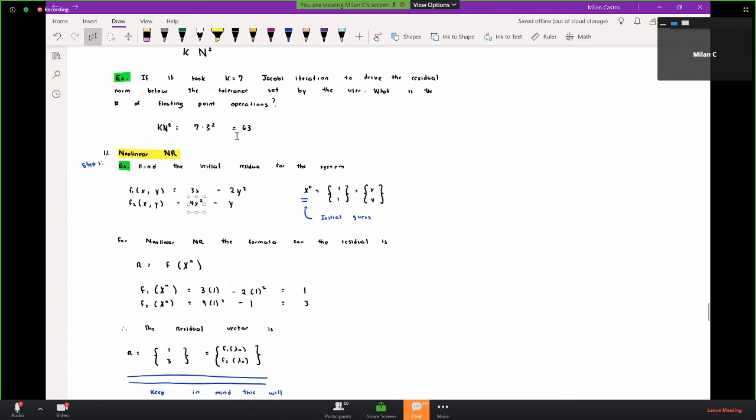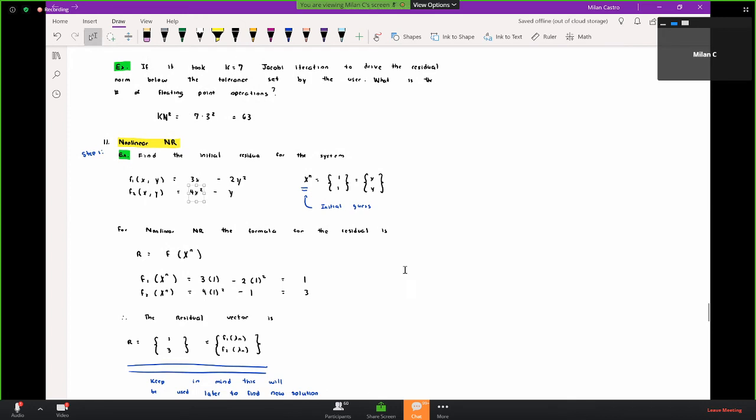So the first thing we're going to be doing is we're given these two equations. They're going to be simple like this. You're going to be given f1(x,y) equals 3x minus 2y squared, and f2(x,y) equals 4x squared minus y. You don't have to worry about not being able to take those partial derivatives in case you forgot how to derive, because these are pretty simple.